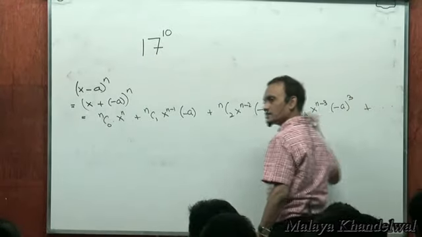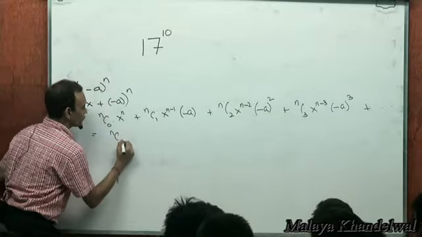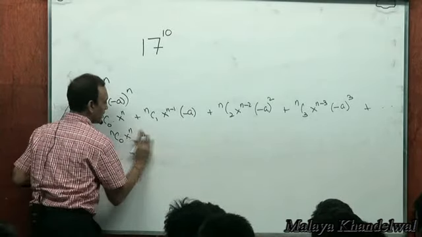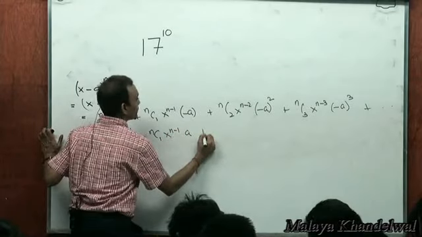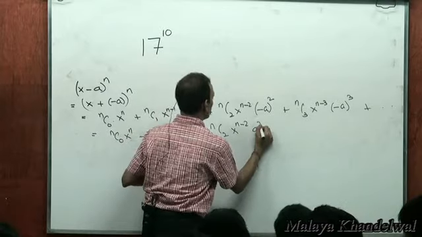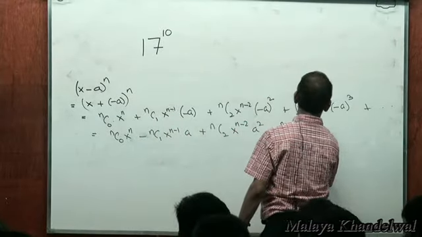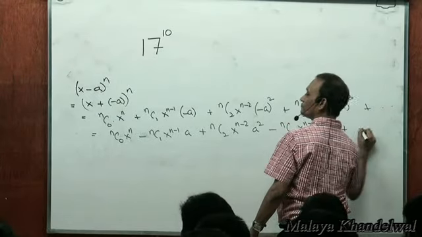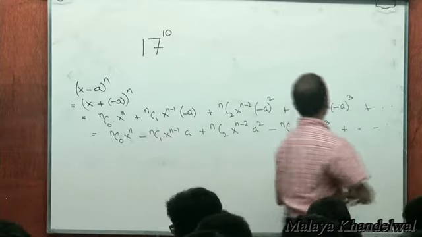That's binomial theorem. So this is like nC0 x power n minus nC1 x power n minus 1 a plus nC2 x power n minus 2 a squared. Realize that the terms are alternating in sign, a cubed and so on and so forth, right? You understand this?